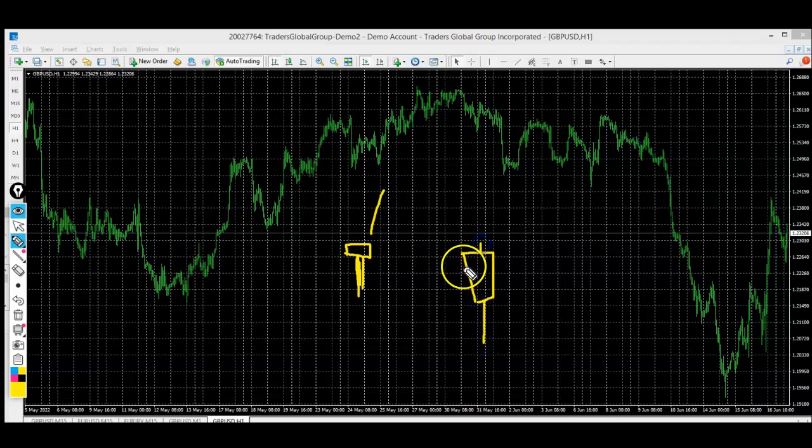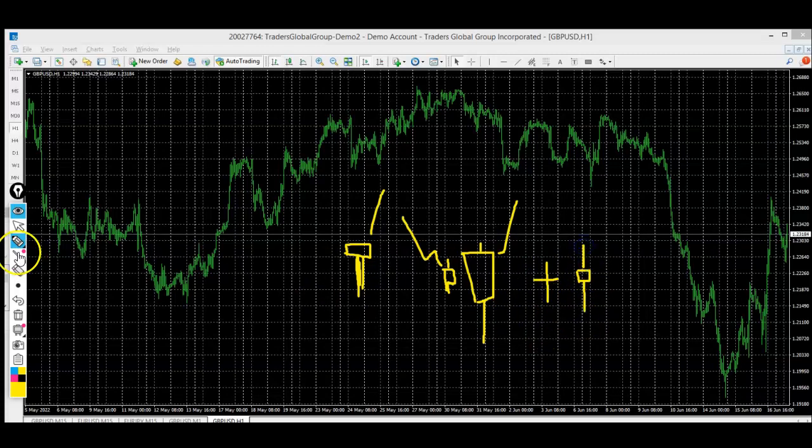Let's say something like this, and then we just have a small candle here. Where price has been moving down and then you get a nice bullish candle, it's an indication that it's likely going to move up. Or the third is that we'll just see a doji, a spinning top. It could be like that or it could be like this.